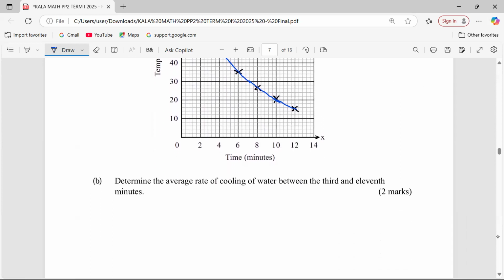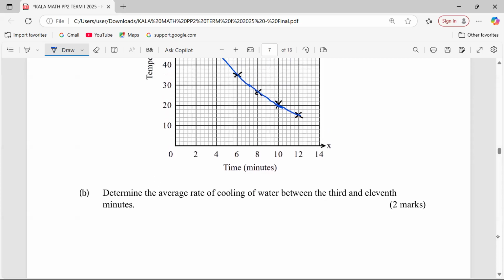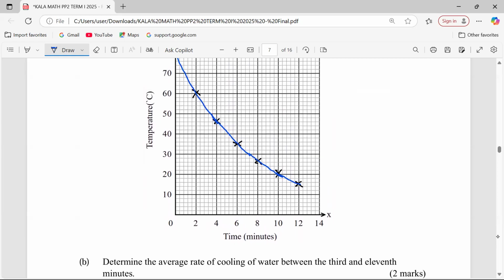Then there is a part B now of the same question. Determine the average rate of cooling of water between the 3rd and the 11th minute. Between the 3rd and the 11th, what was the temperature? In the 3rd minute, what is the temperature?